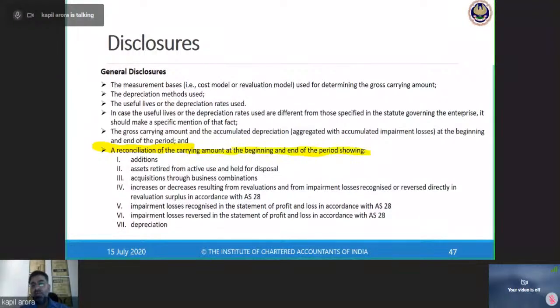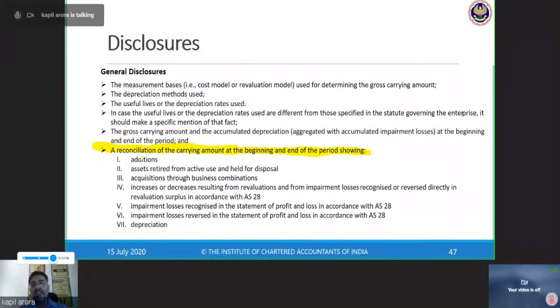We create a note where all these assets have been categorized as per their class, right? So if you remember, different classes were there. So land and building, plant and machinery, other equipments, all these assets have to be categorized.